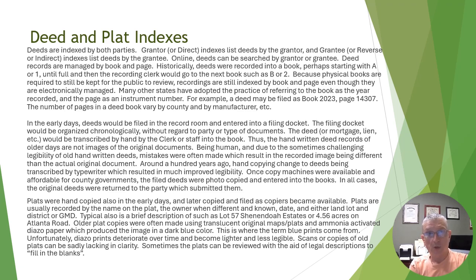Usually they would copy it onto the pages themselves. They would take the books apart, or that's how they would come, and feed the pages through the copiers to make a copy of the actual deed onto the deed book page that you can see now, or the image thereof. The original deeds are always returned to the party who submitted them.